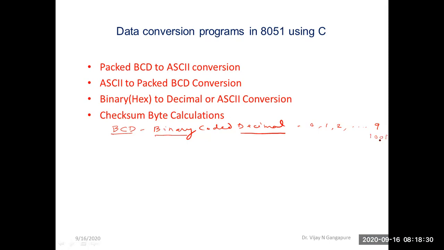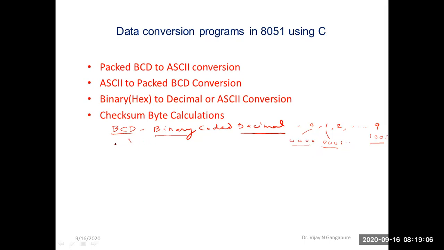So in BCD format, each decimal digit is represented using 4 bits. 0 is represented as 0 0 0 0, 1 as 0 0 0 1, 2 as 0 0 1 0, and so on, up to 9 as 1 0 0 1. These are BCD numbers, binary coded decimal. I think the concept of BCD is clear now.